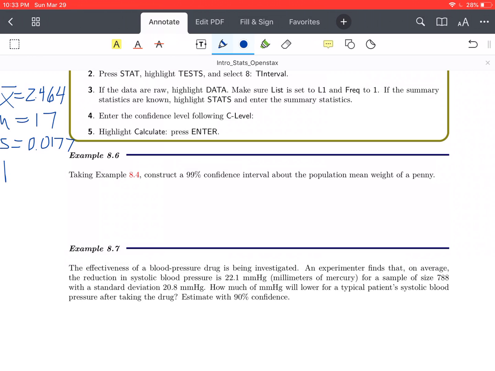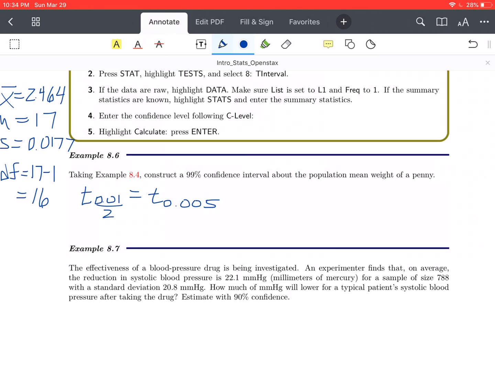And our degrees of freedom is going to be 17 minus 1, so 16. So our t-score is going to be t sub 0.01 over 2. All right, that's our alpha over 2. So it's t sub 0.005.